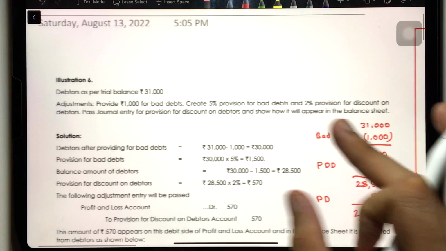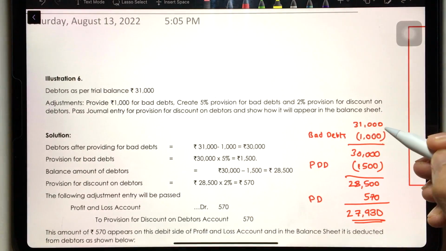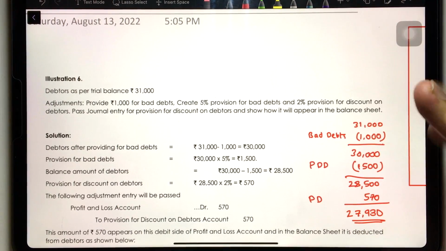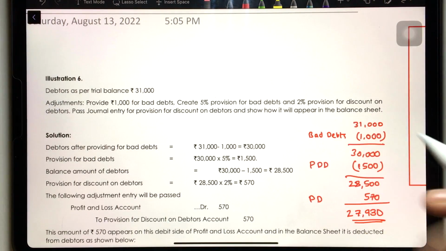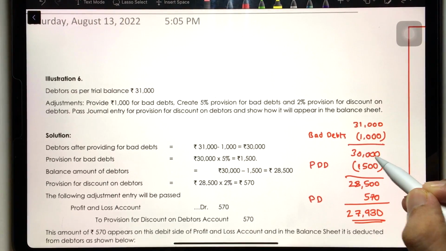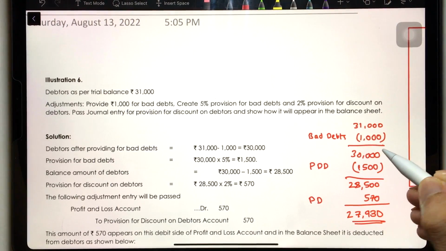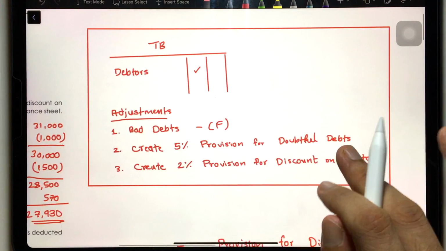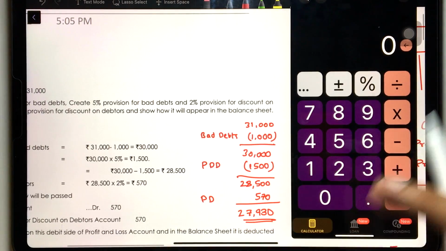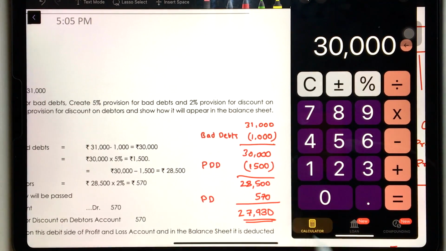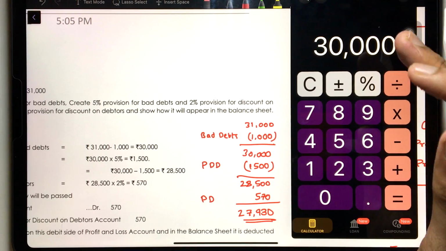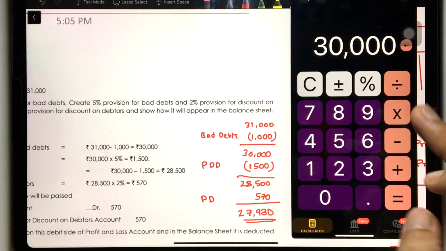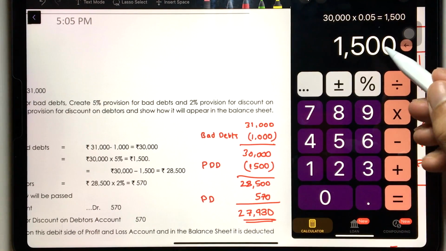Let's see how this will happen practically. It's really simple. Take this 31,000, the debtors balance as per trial balance. From this, deduct the further bad debts, because further bad debts are not accounted for and you will have to do the accounting right now. So 31,000 minus 1,000 equals 30,000 total debtors. On this 30,000, you will have to calculate the provision for doubtful debt, not discount. 30,000 into 0.05 equals 1,500.